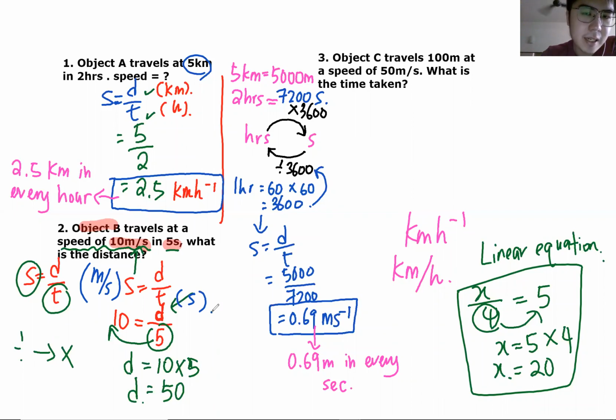So remember I said about balancing of equation, that left side and right side have to be balanced. If you have second here and it cancels out with the second here, so this distance must be meter to balance out the left side. So 50 is in meter. This is the final answer.